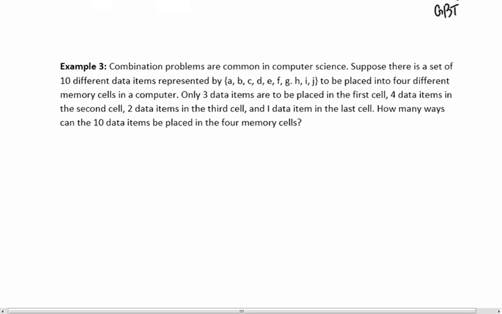Combination problems are common in computer sciences. Suppose there's a set of 10 different data items represented by A, B, C, D, E, F, G, H, I, J. So right away, I'm just going to count. 10 different letters to be placed in 4 different memory cells in a computer. Only 3 data items are to be placed in the first cell.